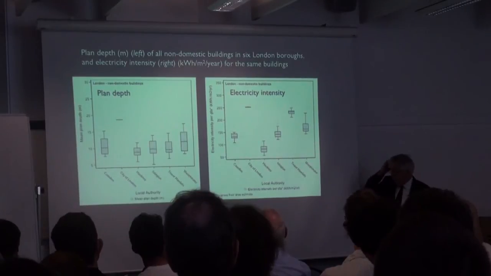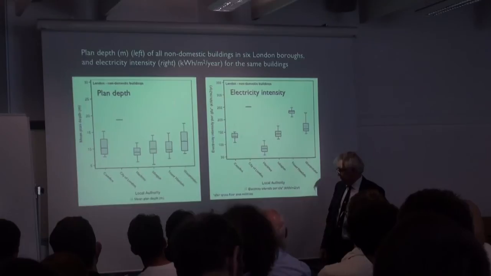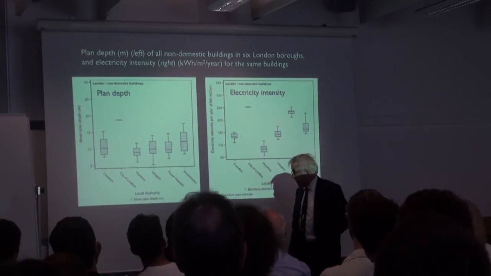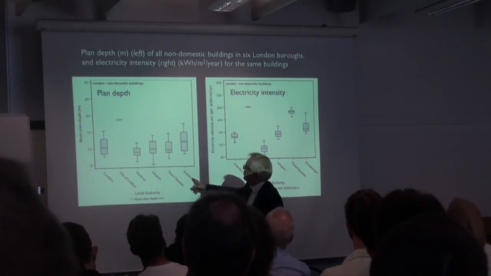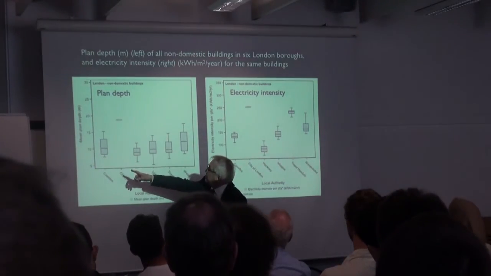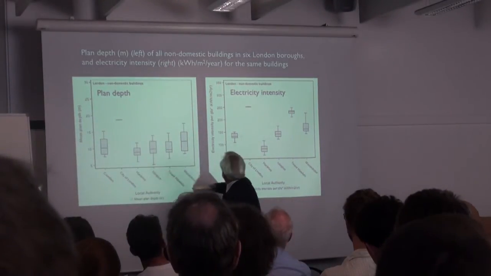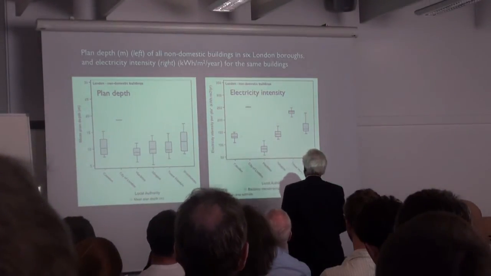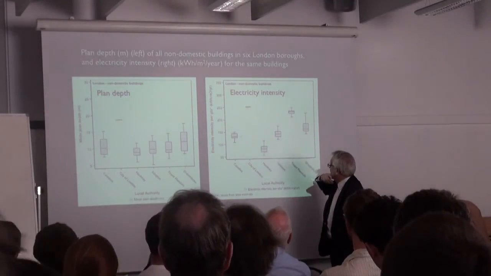And here are a small selection of boroughs, of which three are these. This is the City of London, this is Tower Hamlets, this is Westminster. This is mean plan depth, and you'll see that here is the City of London. And this is electricity intensity, now particularly high in the City of London.